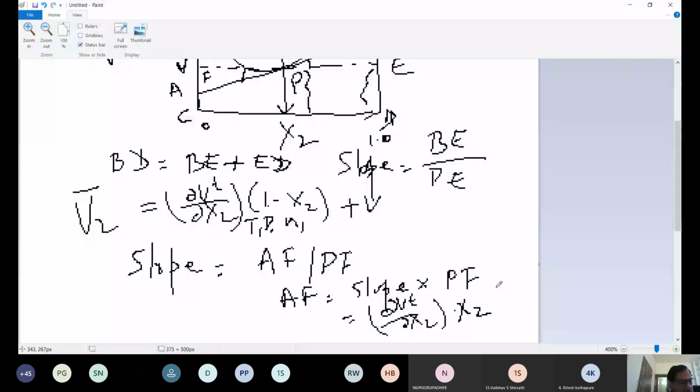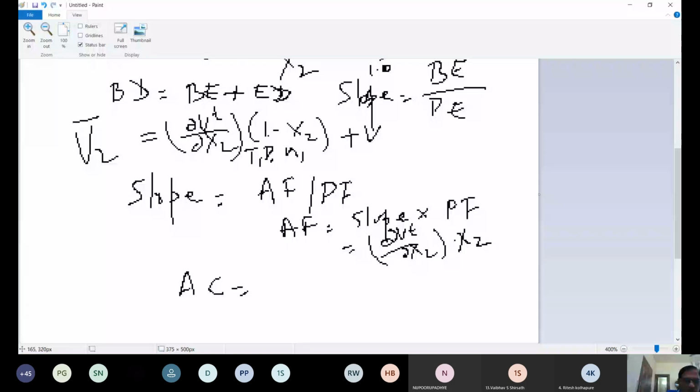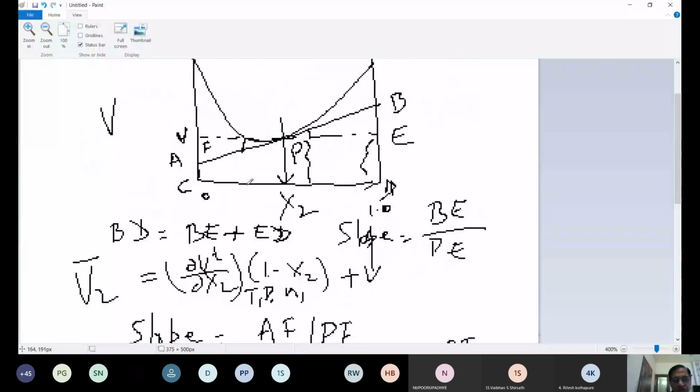And now we can write AC. This is what we want, right? AC is nothing but FC, this total distance, minus AF.